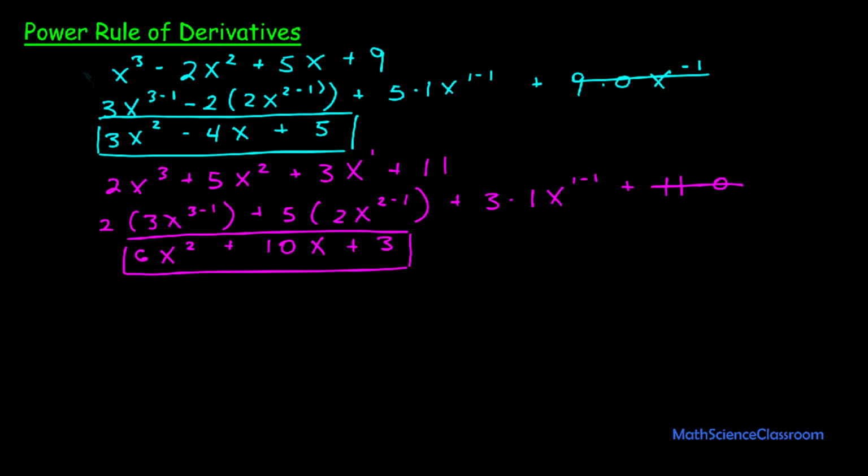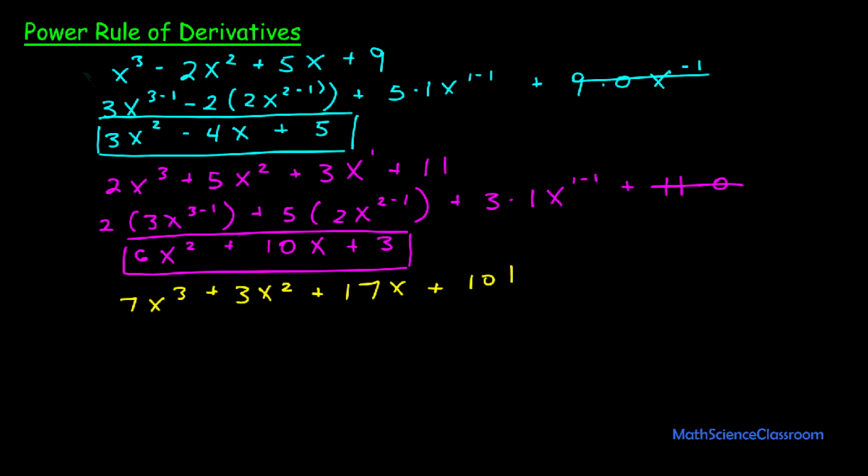Okay, let's try one more. So 7x cubed plus 3x squared plus 17x plus 101.